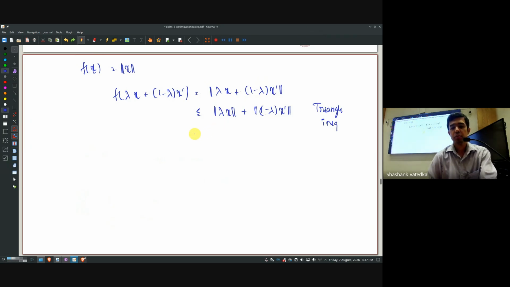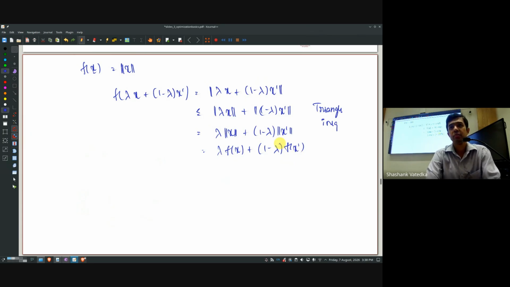Which is equal to, again by the property of the norm, mod lambda times norm of x plus 1 minus lambda times norm of x prime, which is just lambda times f of x plus 1 minus lambda times f of x prime.